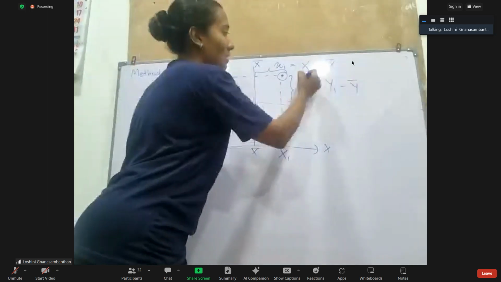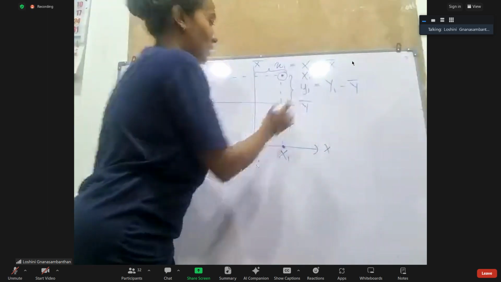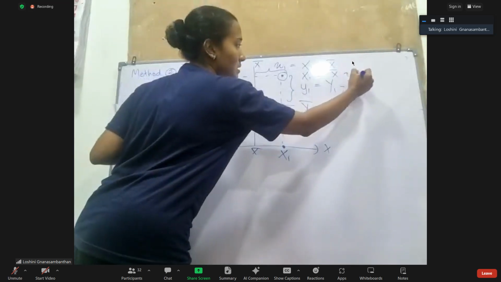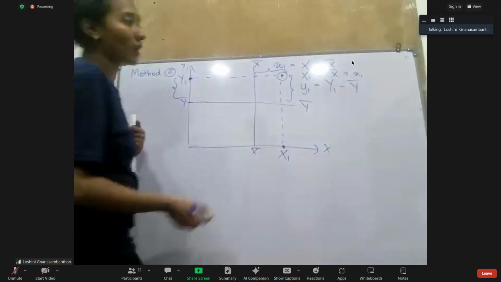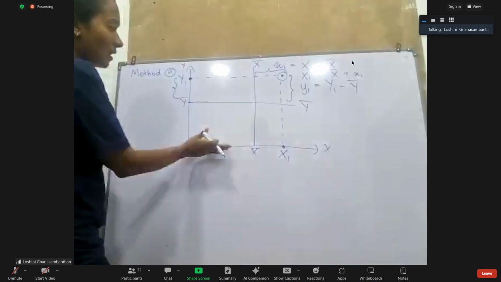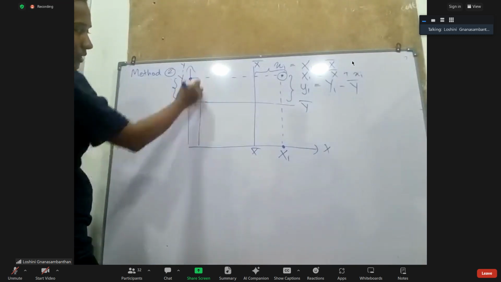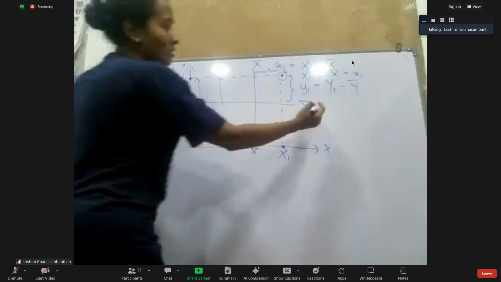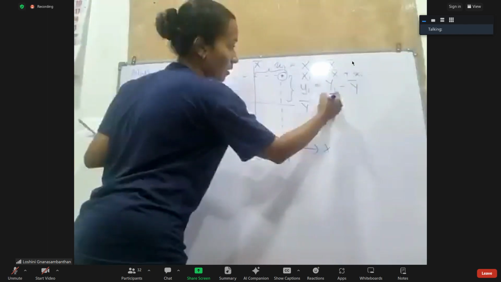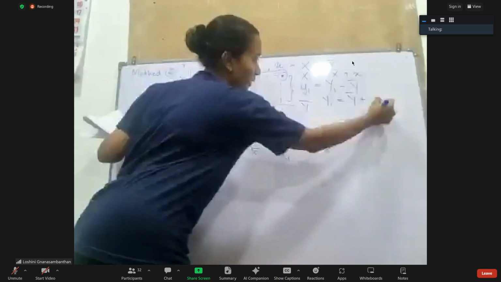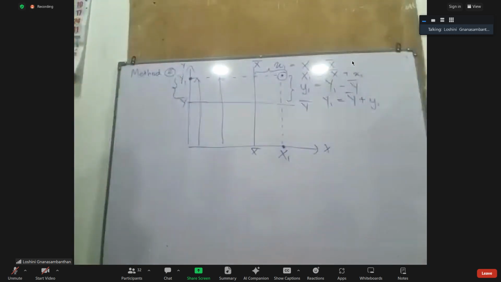You can tell it this way also: xi, this whole thing, equals x bar plus simple xi. Here for y also, this full thing is actually yi. So from this, we are going to build up some equations and find beta 2 and beta 1.